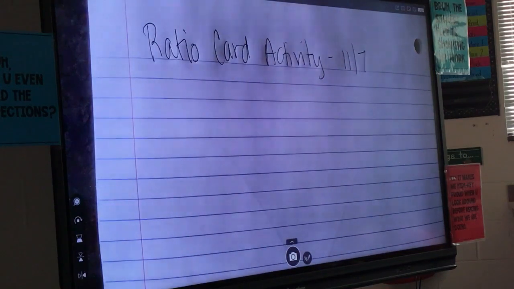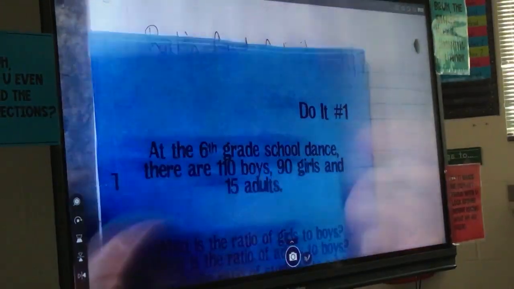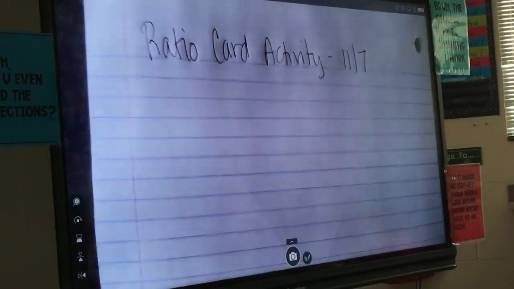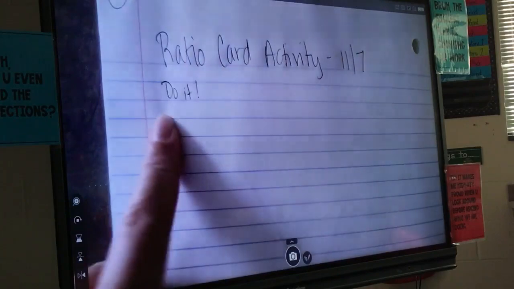So one set of task cards, they're called do it. What that means is, and we're going to do an example of each one together. So for the do it, let's say that do it was your first set of task cards. You're going to label it do it, and you're going to label it number 1.